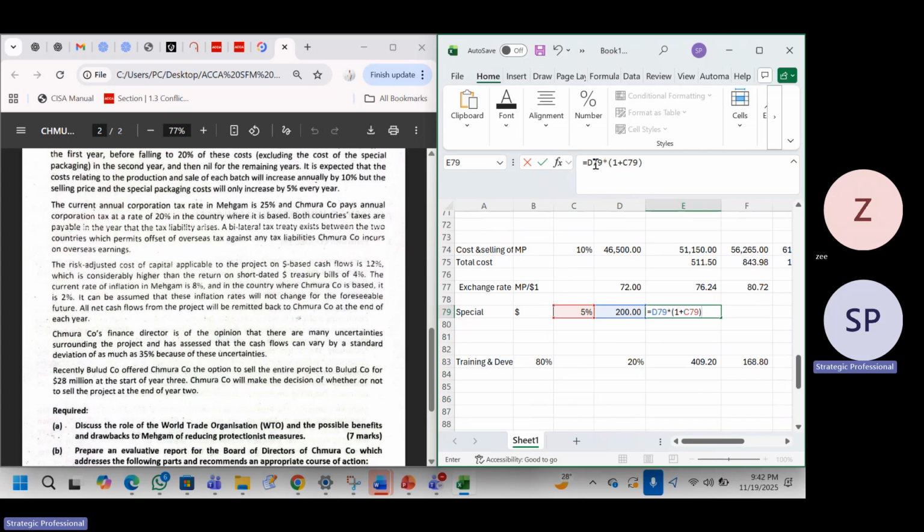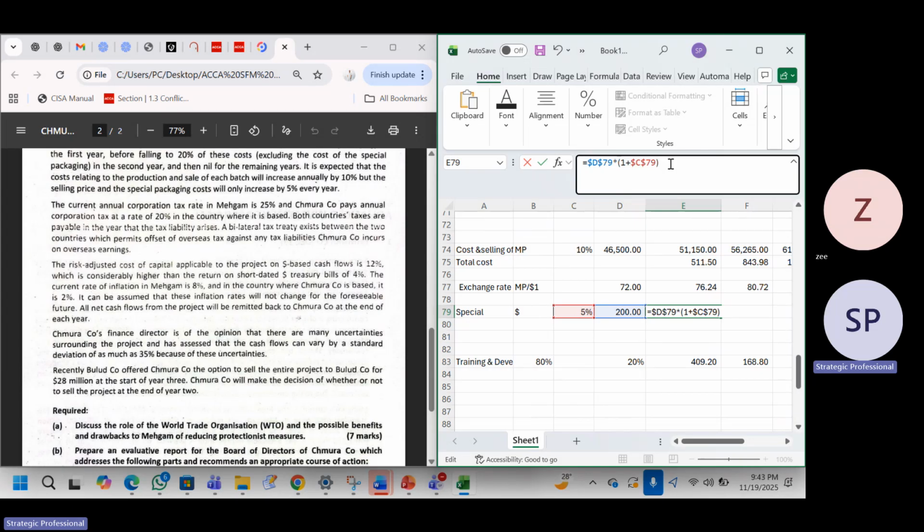I'm locking 669, which is the 5%. I'm also locking the 200 because it's growing, right? I'm locking this guy, right? Okay. What again am I locking? So that's that.